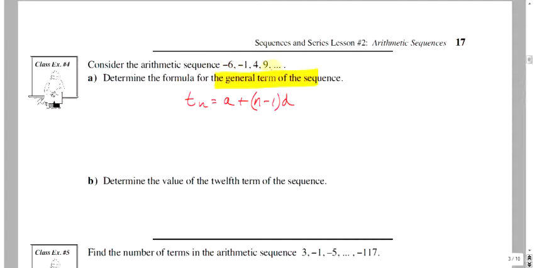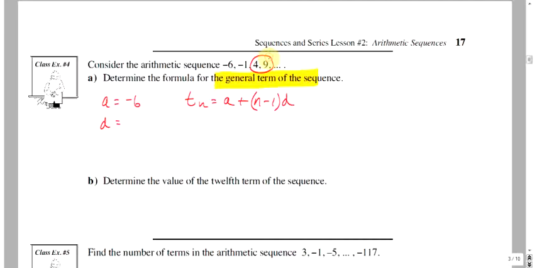But do I know a couple of these things? Do I know A? What's A? It's the first term. What's that? Negative 6. How about D? What do I add to each one of these as they go on? Nobody likes negatives. Look at those.